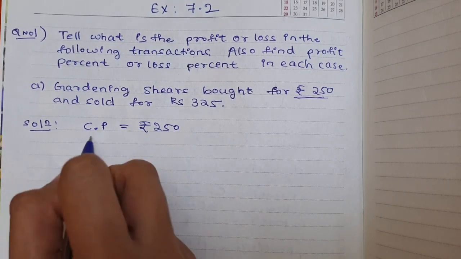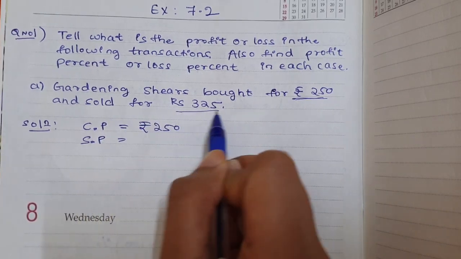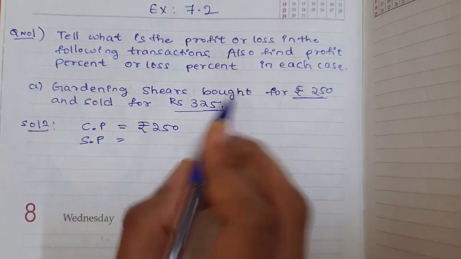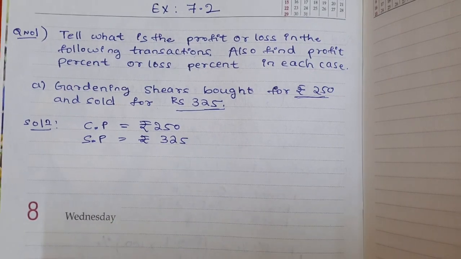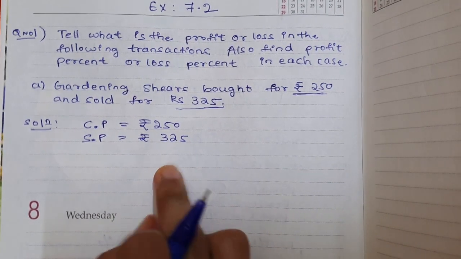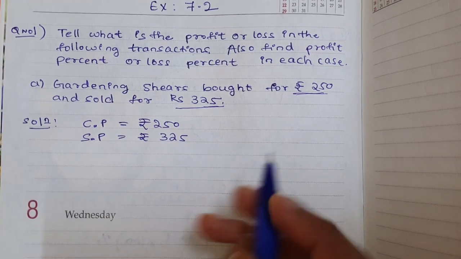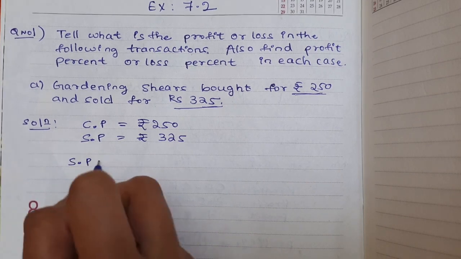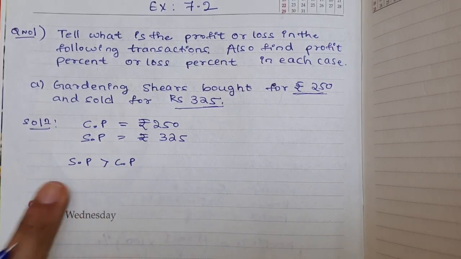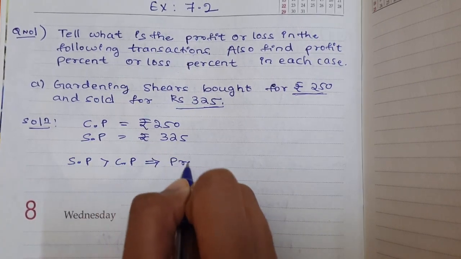Then what about the selling price? Sold for rupees 325. That means the selling price is rupees 325. Now the task is to identify whether this is a profit or loss. When the selling price is greater than the cost price, we are at profit.